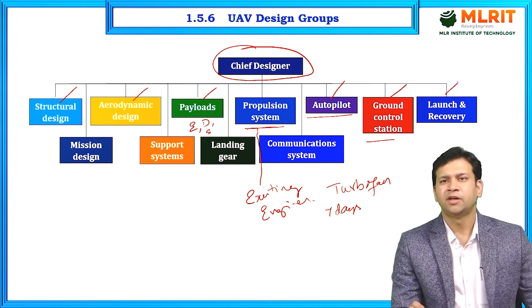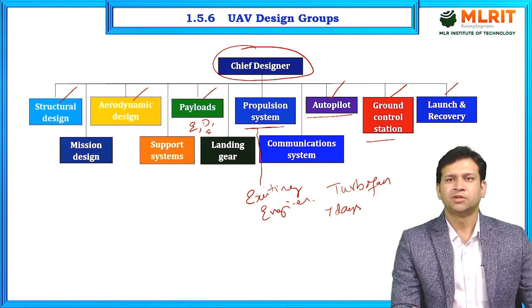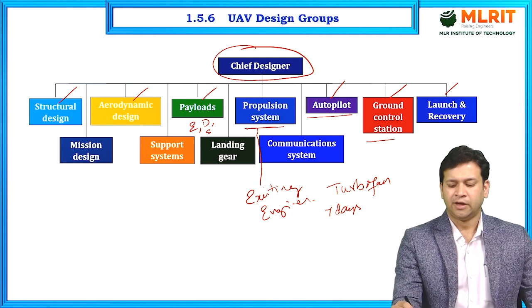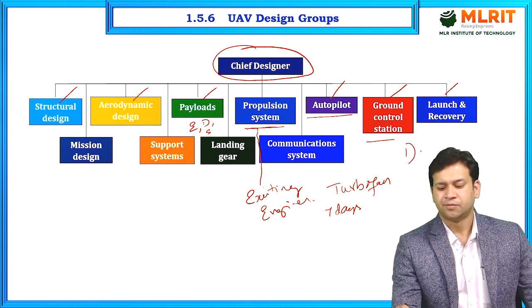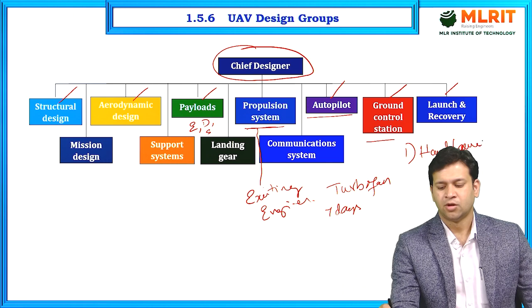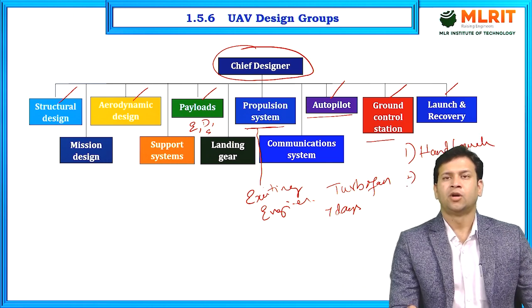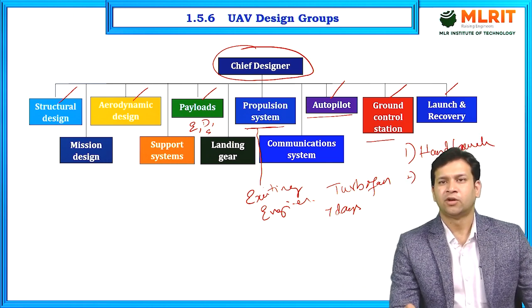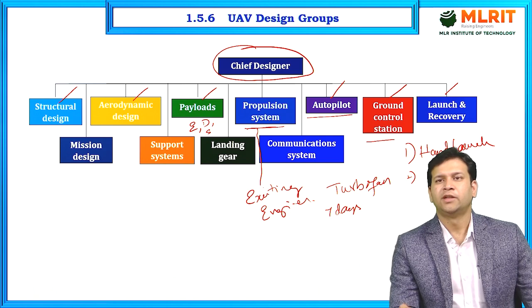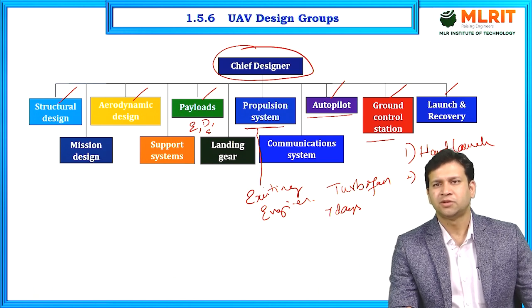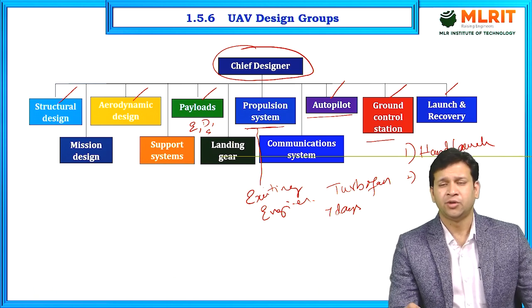Launch and recovery. There are different types of launches which a UAV can use. Basically, we have hand launch, or we can go with catapult takeoff, or ground roll and then takeoff. These are the three launches which a UAV will generally have.